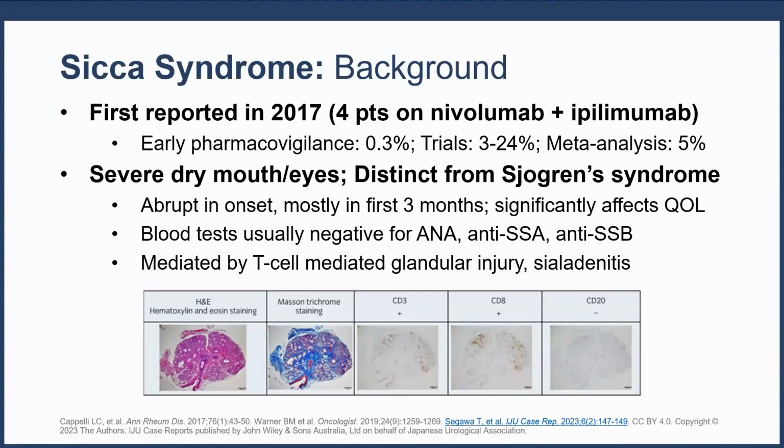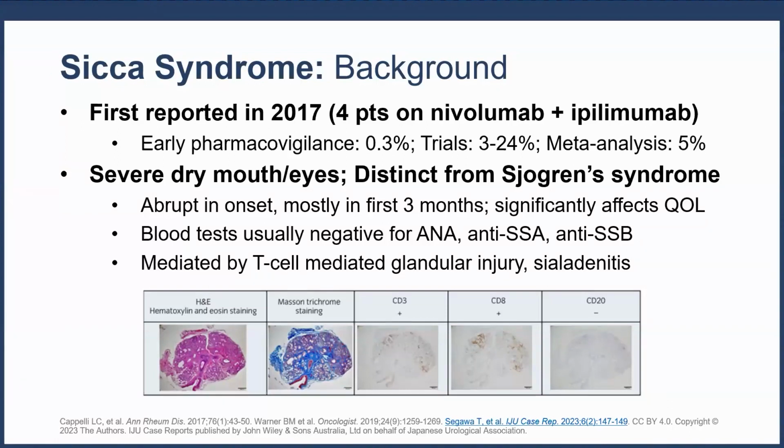This was first reported in the context of immune checkpoint inhibition with 4 patients that were treated with nivolumab plus ipilimumab in 2017. So just to put that in context, we had our first PD-1 inhibitors approved in the 2014, 2015 time frame.